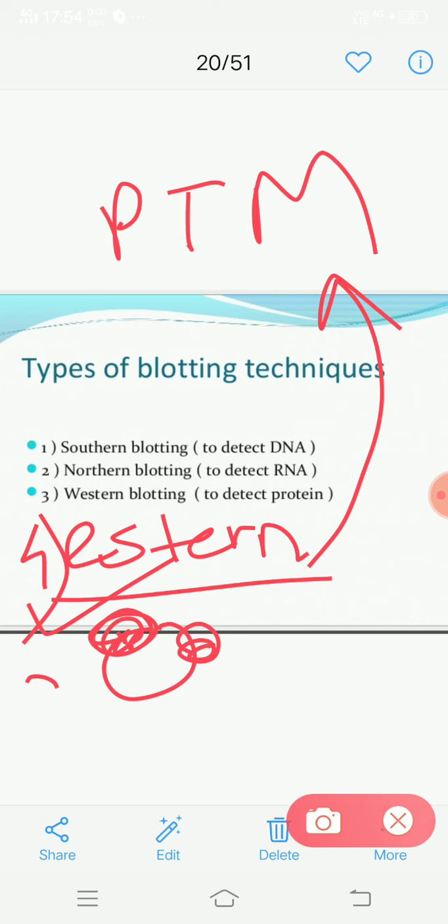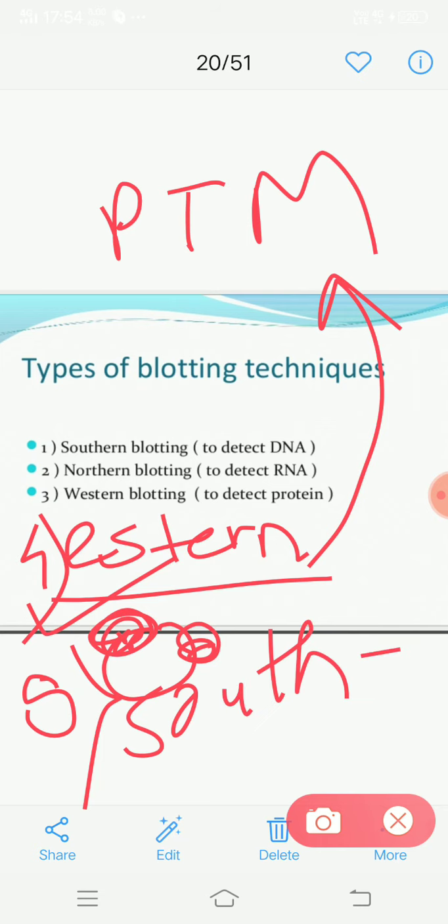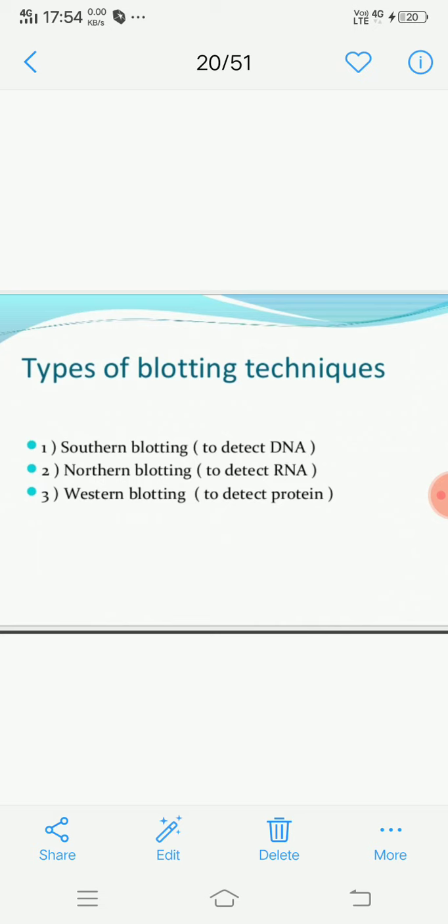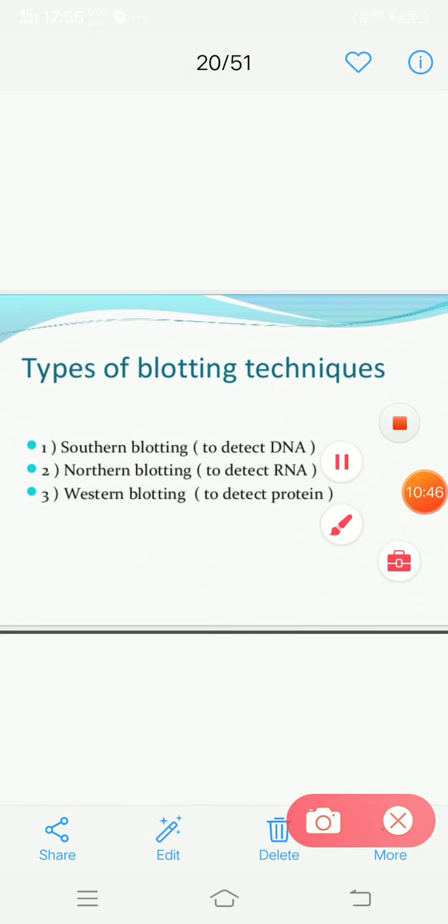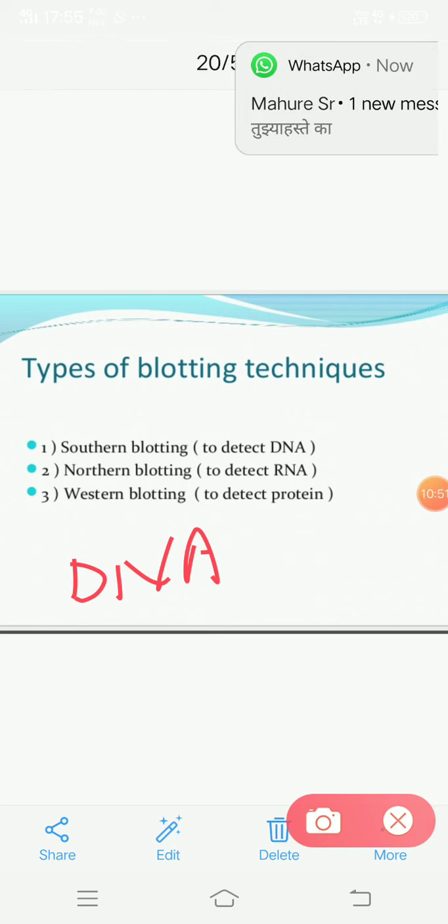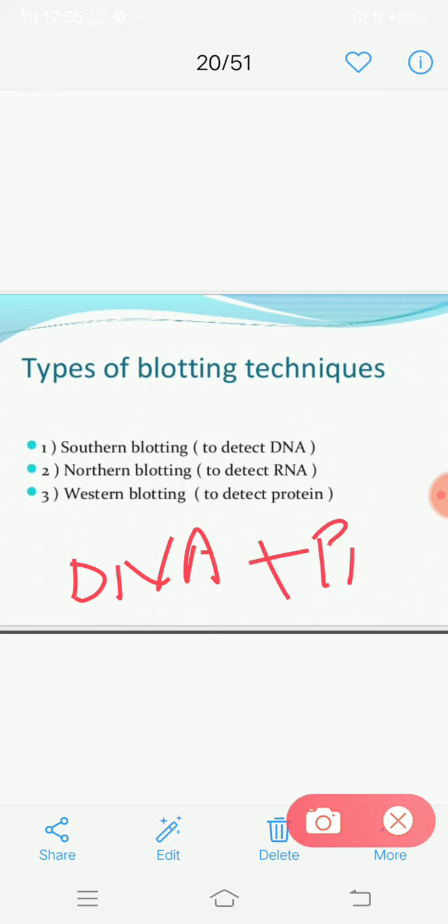And the fifth type is southwestern blotting. So what does southwestern blotting mean? It is used to detect the interaction of DNA and protein.